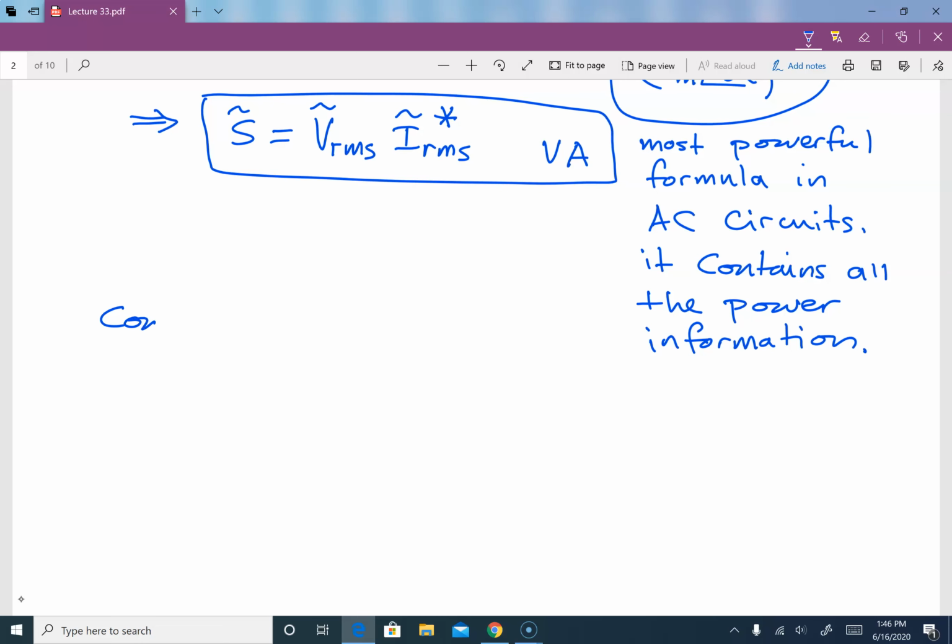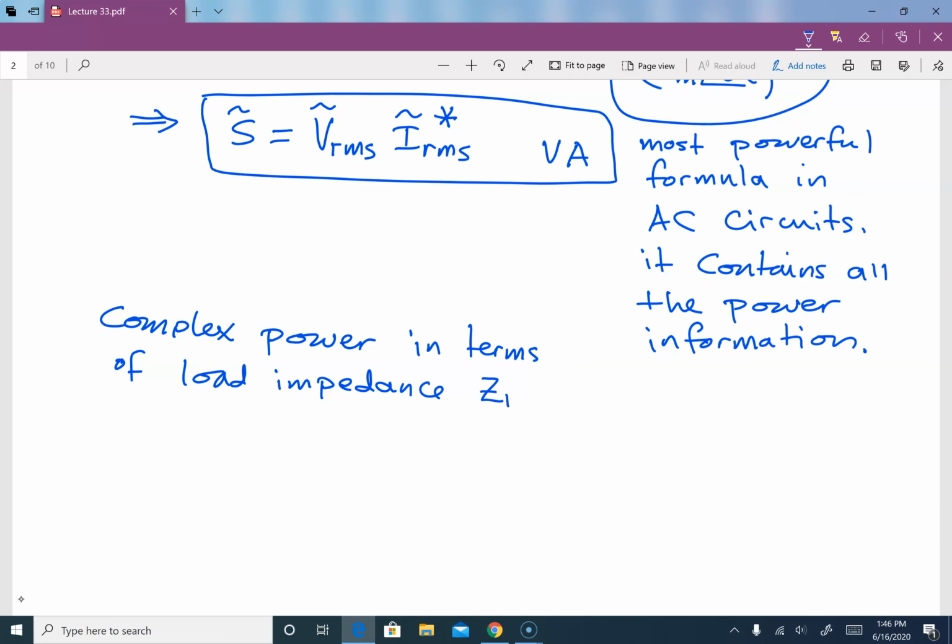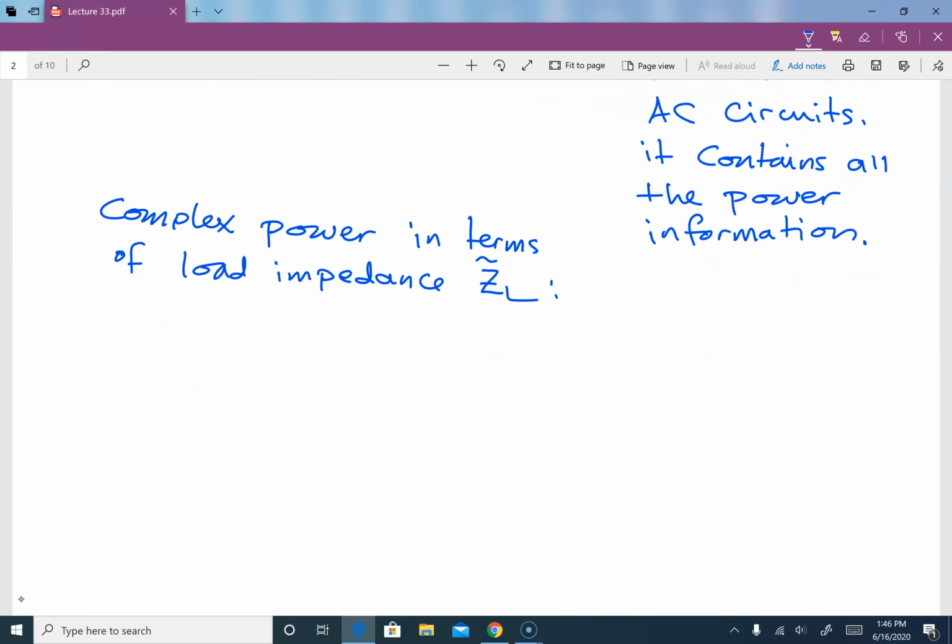Because let's say the complex power in terms of load impedance ZL. What can we do?